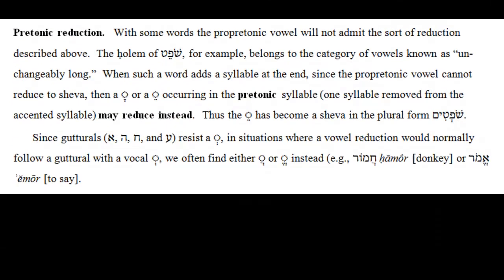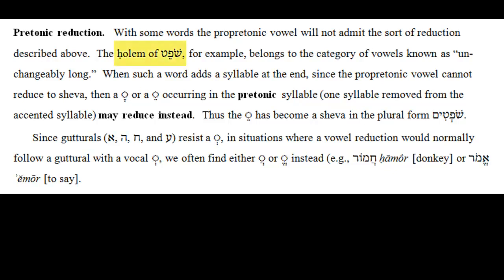For some words, the propretonic syllable, that is the syllable 2 removed from the accented or tone syllable, will have a vowel that won't admit the kind of reduction that we've just described. It simply won't allow it.